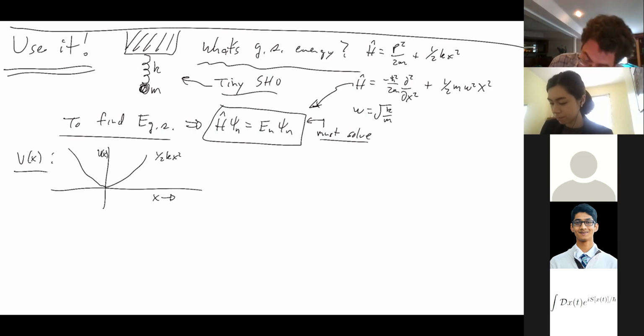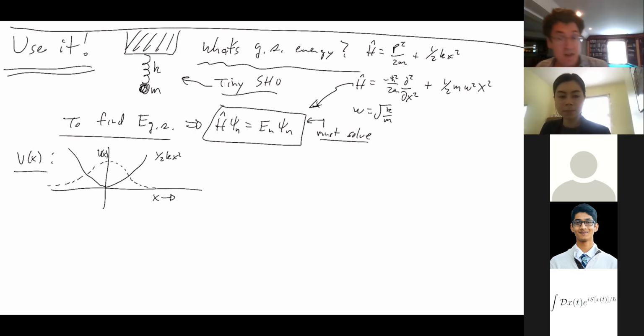Now, we know the actual solution, right? You guys remember the solution. What do I call this function? What's the ground state of a simple harmonic oscillator? Somebody tell me. Isn't it like a Hermite polynomial?